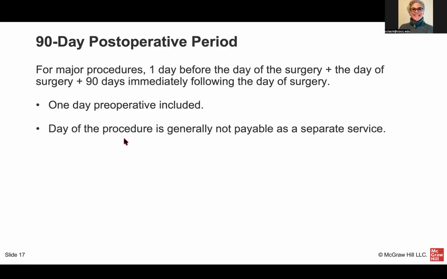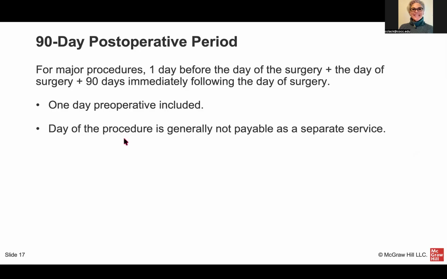A 90-day post-op period is for major procedures, things like joint replacements, cardiac surgery, spinal fusions. The global period here is significant: 1 day before surgery, the day of surgery, and 90 days following. The preoperative day is the key. The day before surgery, the surgeon often sees the patient for a pre-op visit, and that visit is bundled in.